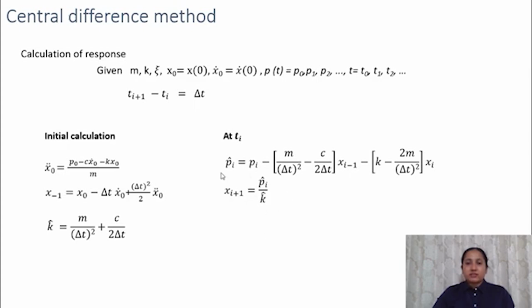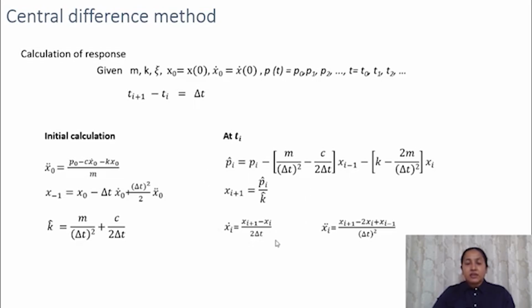We just divide this effective force at the ith instant by this effective stiffness to get the displacement at the next instant, that is the i plus 1 instant. Once x_{i+1} is known, we can calculate the value of velocity and acceleration at i.